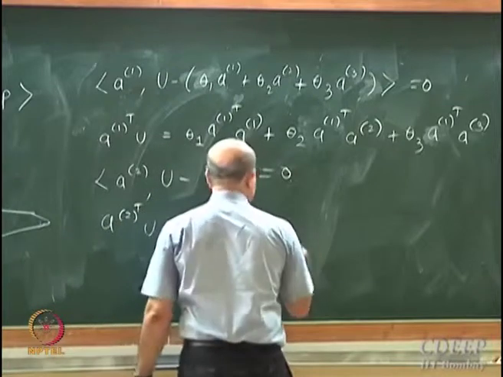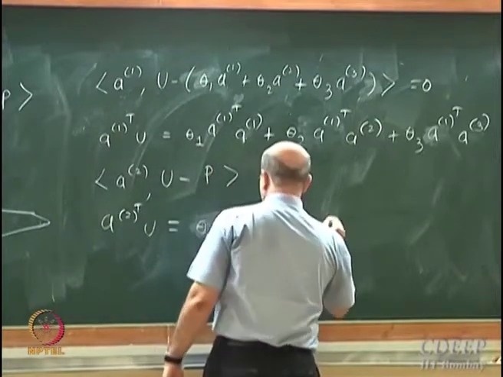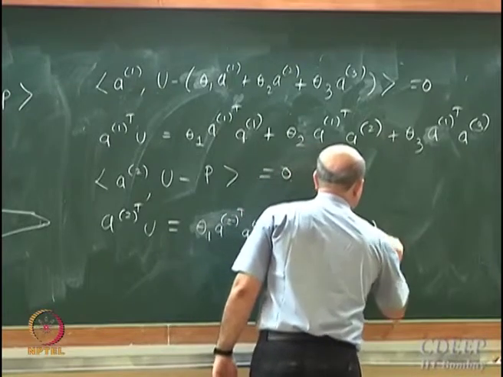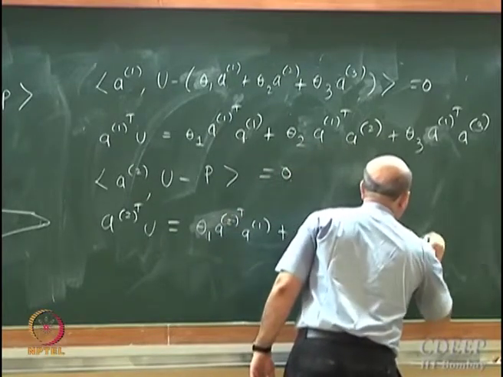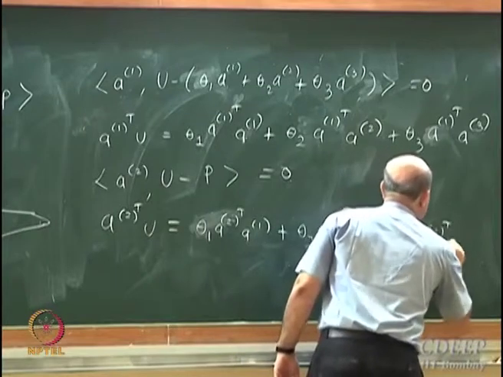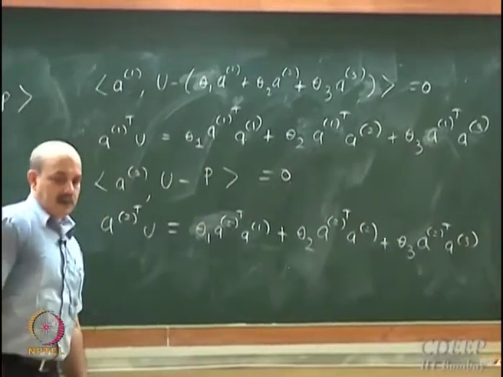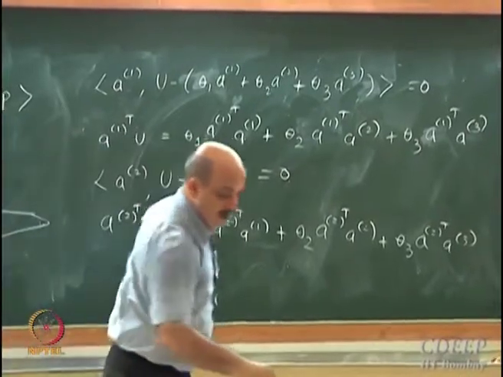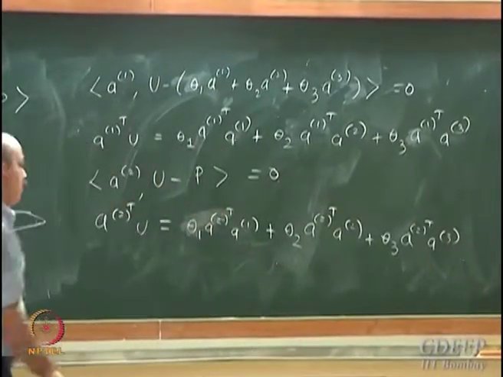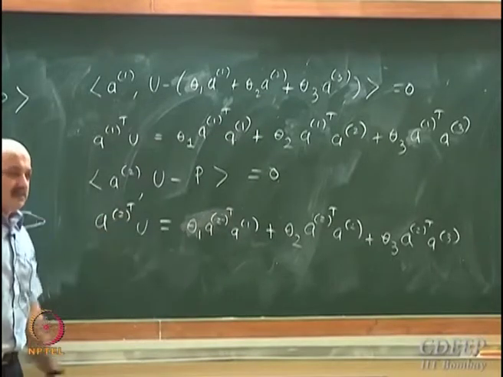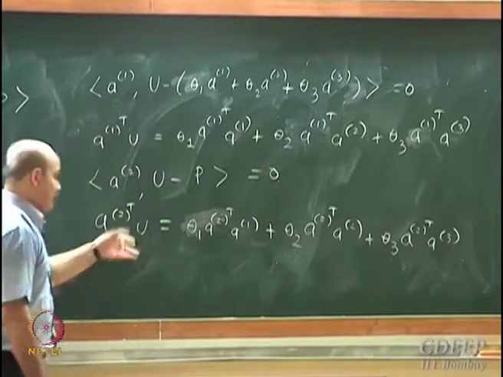So I'll get another equation, theta 2 into A2 transpose A2 plus theta 3 A2 transpose A3. I'll just write the third equation, following the same thing.